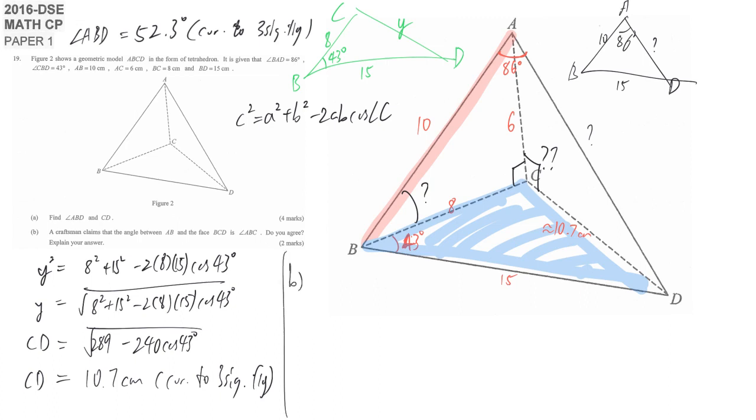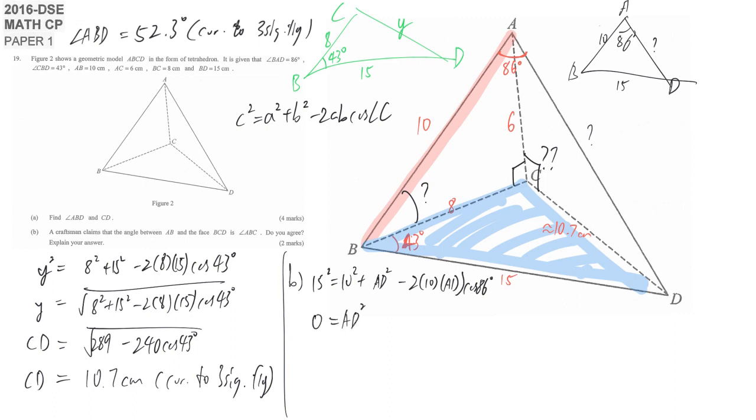The angle we have is 86, so 15 squared is equal to 10 squared plus AD squared minus 2 times 10 times AD cosine 86 degrees. To handle this equation, you find that AD squared exists at the same time as AD. It is a quadratic equation, so we are going to use the quadratic formula.